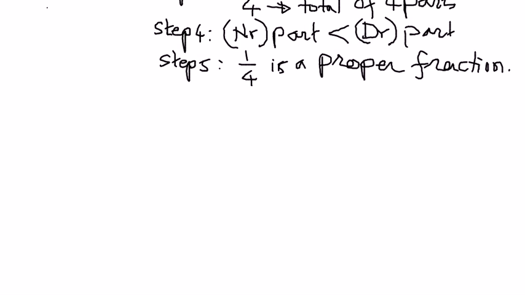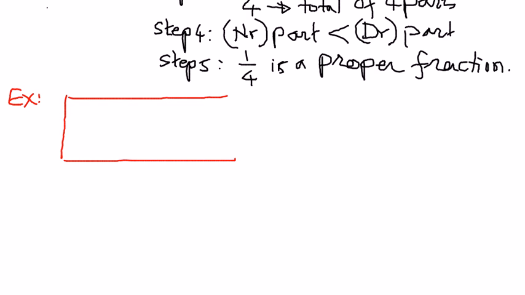Let's take another example. In this example, I'm going to take a rectangle this time and represent it as a proper fraction. The rectangle looks like this. A rectangle is a geometric figure that has 2 long sides and 2 short sides.